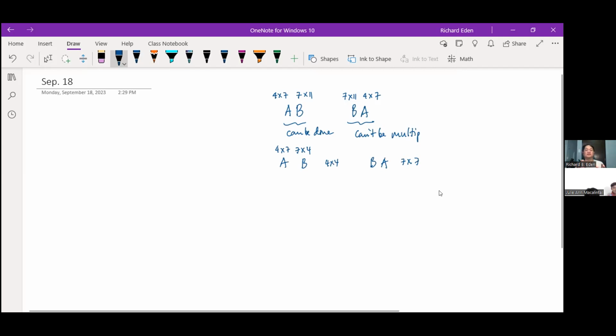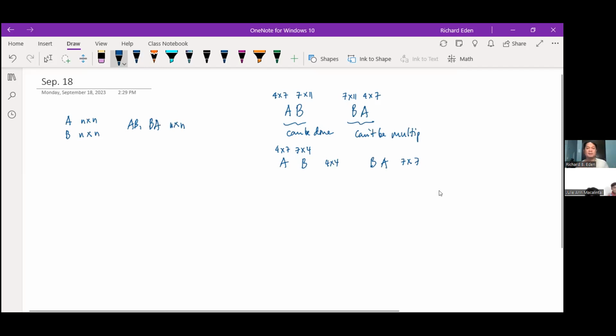But even when AB and BA are the same size, let's say when A and B are both n by n, so AB and BA are both n by n, there's a possibility that they're equal, but it doesn't mean that they're going to be equal.